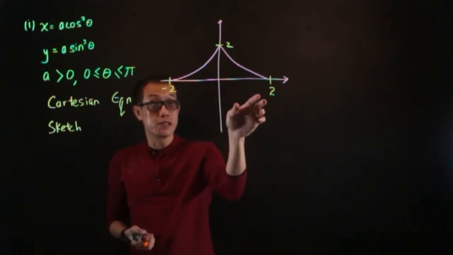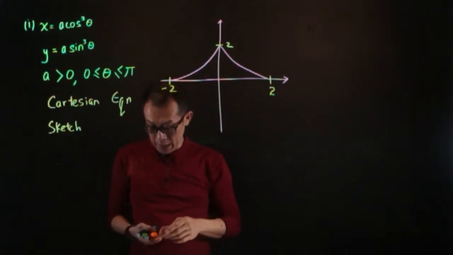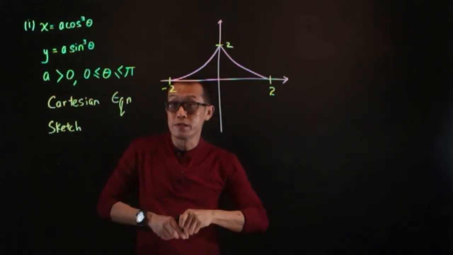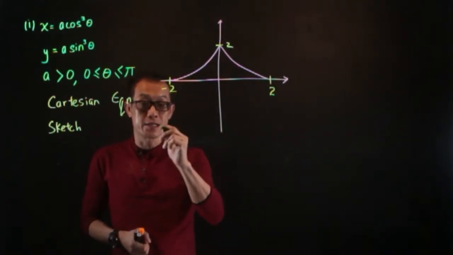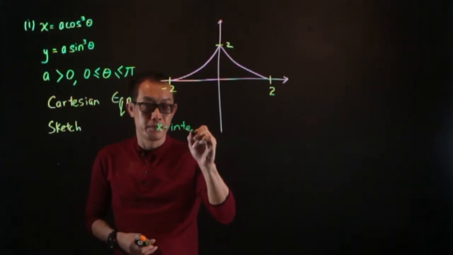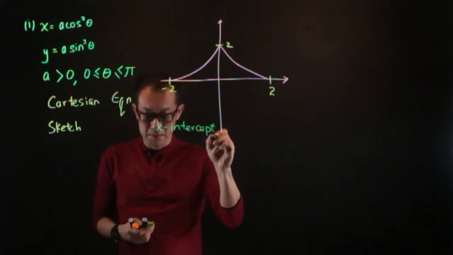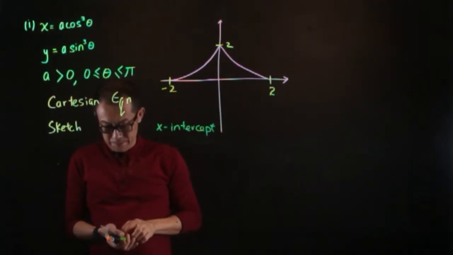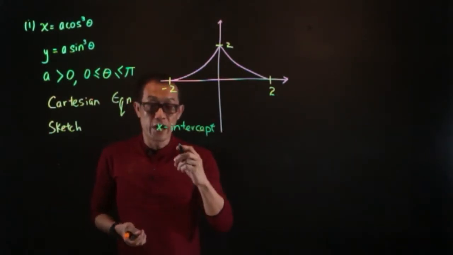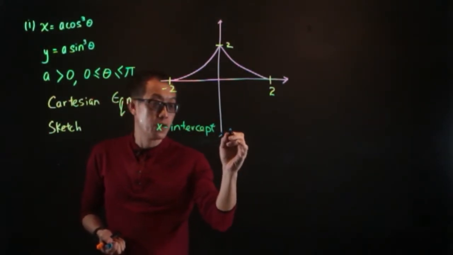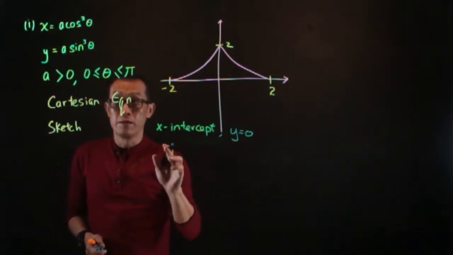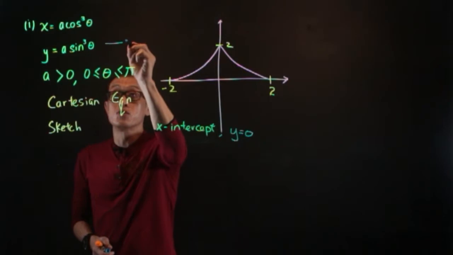So these are where it cuts the x and y axes. To verify that is very simple. For the x-intercept, y is 0. So you use equation 2.